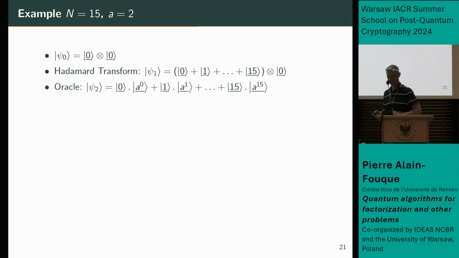So let me just present you some working example. So I begin with 0, 0. Right after the Hadamard transform, I have the sum of the row states for the first register, and for the second register, I have 0. Now I apply the oracle that allows you here to have a to the power 0 mod n, a to the power 1 mod n, and a to the power 15 mod n.